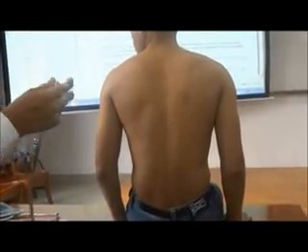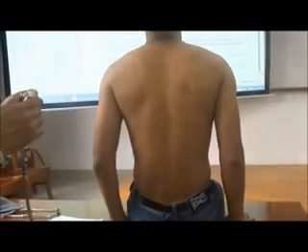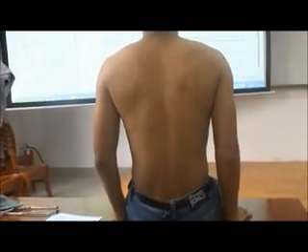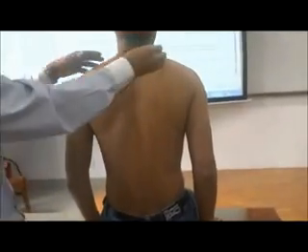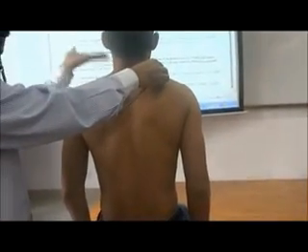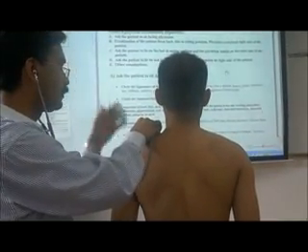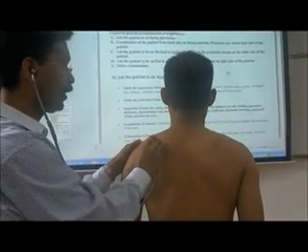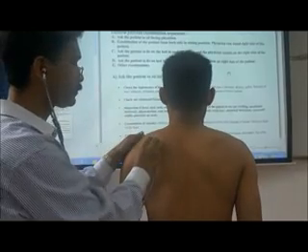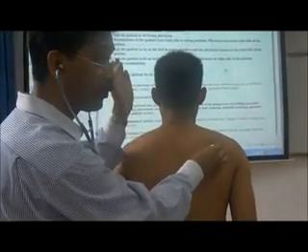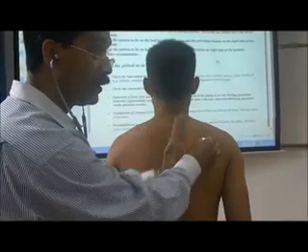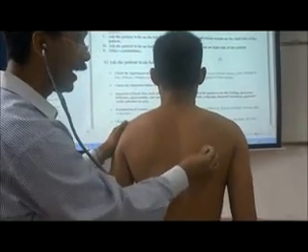You need to auscultate from the posterior aspect of the chest. You start from here. Tell the patient to take a deep breath, and then check the apical region. Take a deep breath. Then check from here, going toward the mid-scapular line.